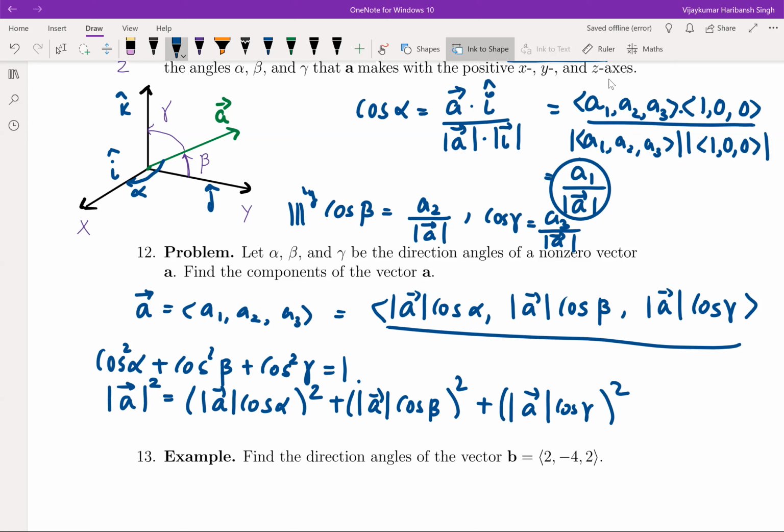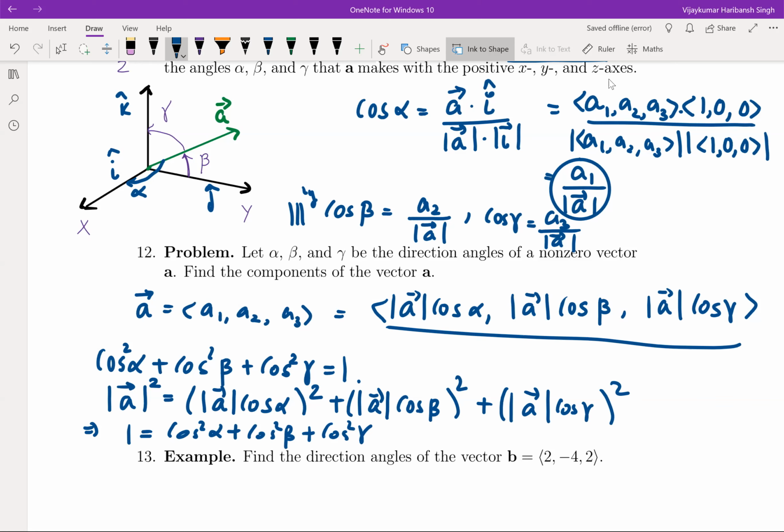And if you cancel out the common factor, dividing throughout by length of A the whole square, it will give us 1 equals cos square alpha plus cos square beta plus cos square gamma. Okay, so this is a connection between alpha, beta, and gamma. Now this connection can be really useful if you know alpha and beta, the direction angles, and you want to find out gamma. And similarly, if you're given the other two, you can find the other missing one.